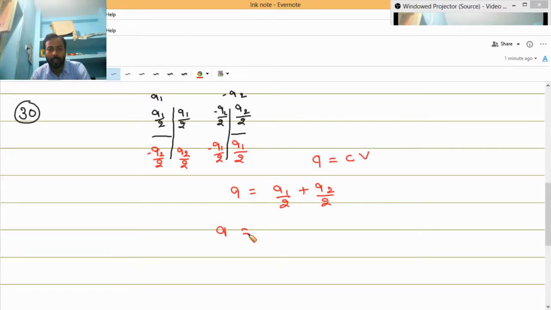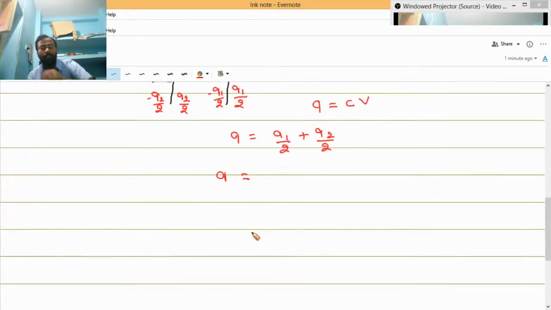Now we will write the values of Q1 and Q2 here. The Q1 value given in the problem is 2 × 10^-8, and we have to divide it by 2, and again the Q2 value is 1 × 10^-8.